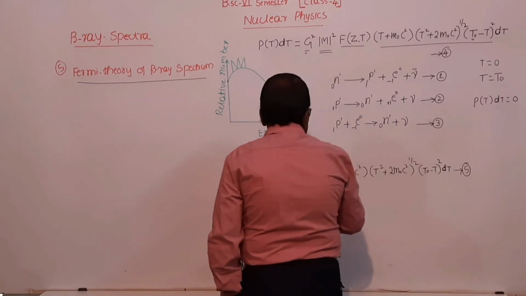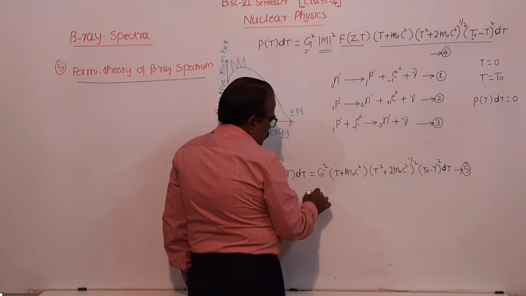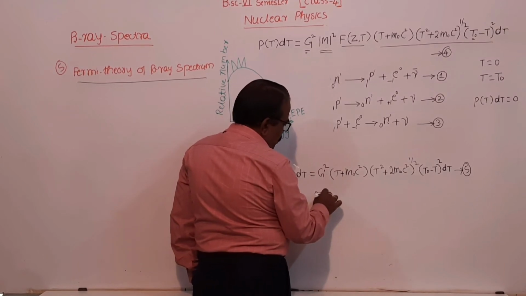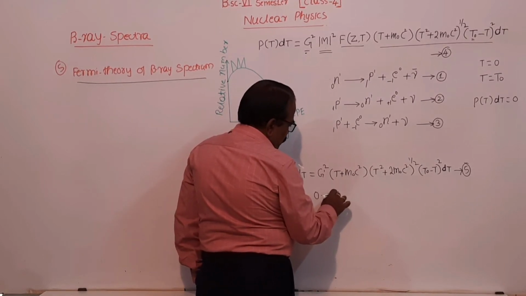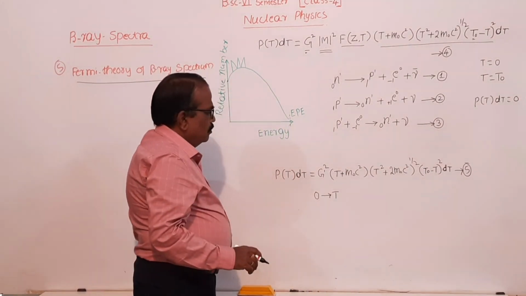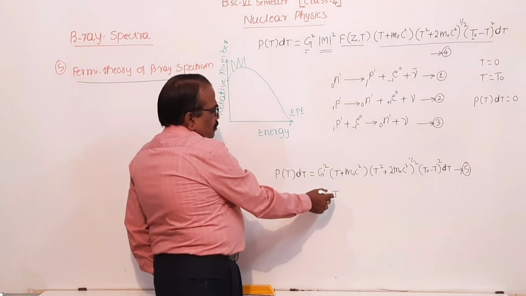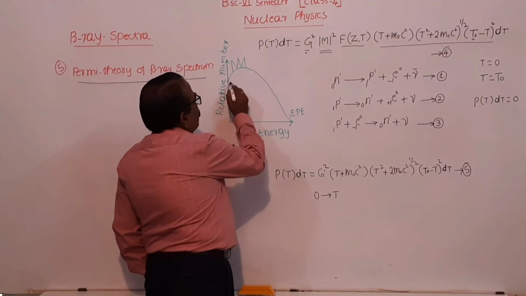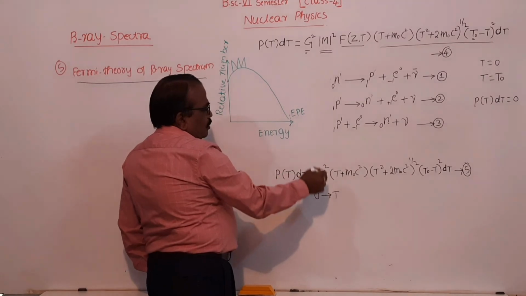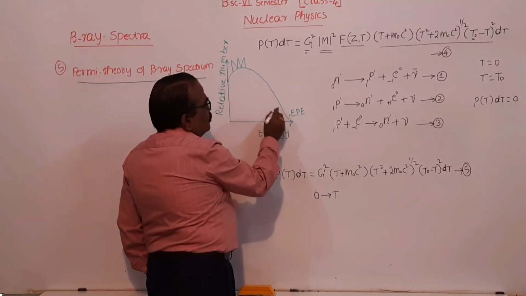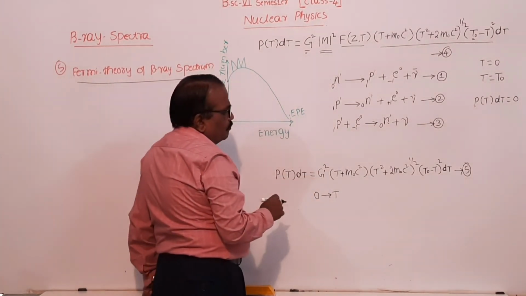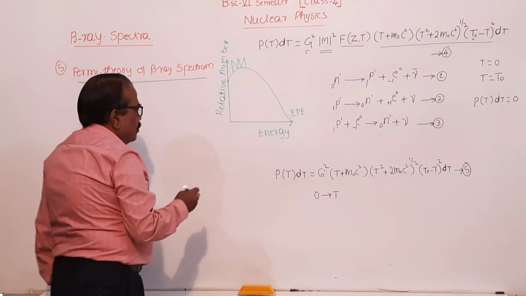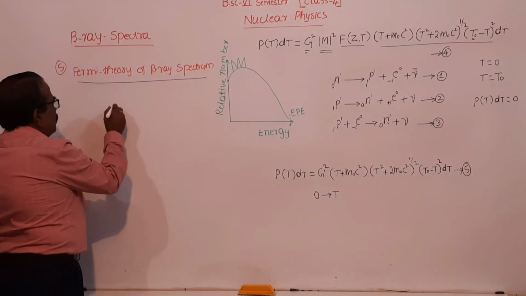Then it reaches a maximum, so P(T) dT goes on varying between 0 and T0. If you increase T from 0, P(T) also goes on increasing and reaches a maximum value.